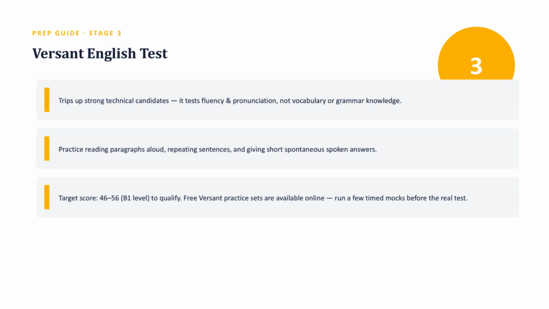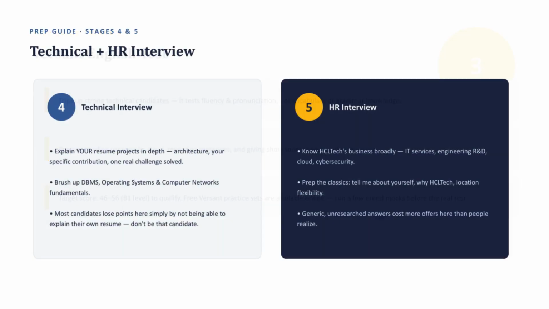You'll get a brief idea of what the test is and how it is conducted. For practice, I would suggest you check out the official versanttest.com, which provides some free mock tests for candidates. It's not testing your vocabulary or grammar knowledge; it's testing fluency and pronunciation, scored by an automated system.